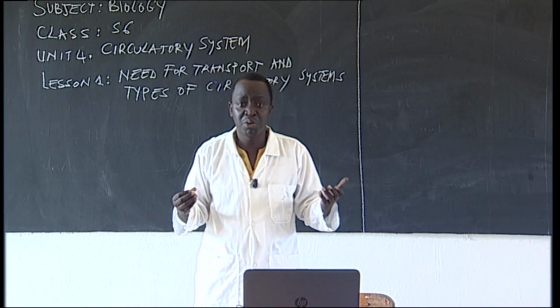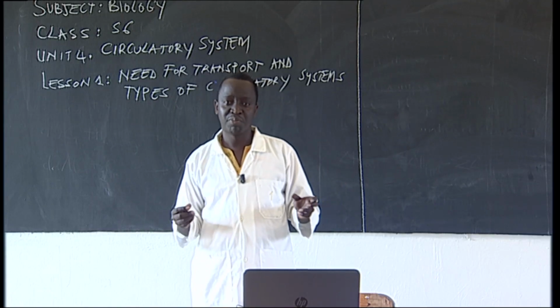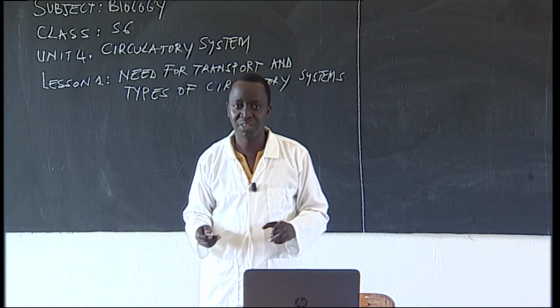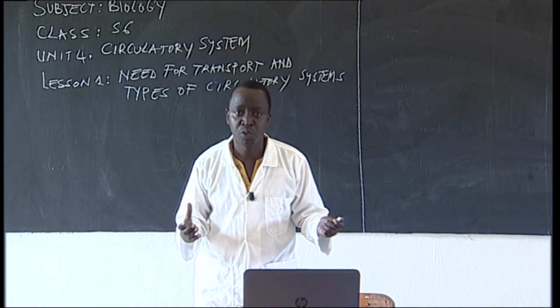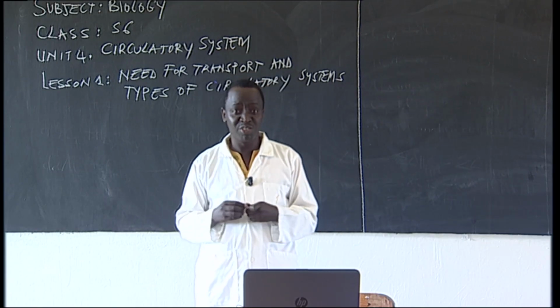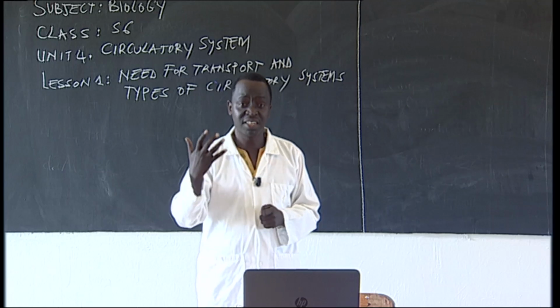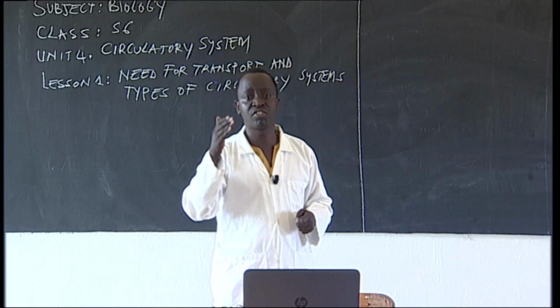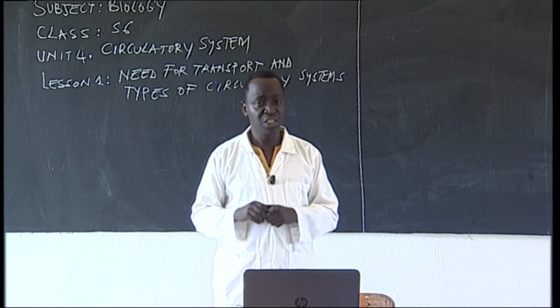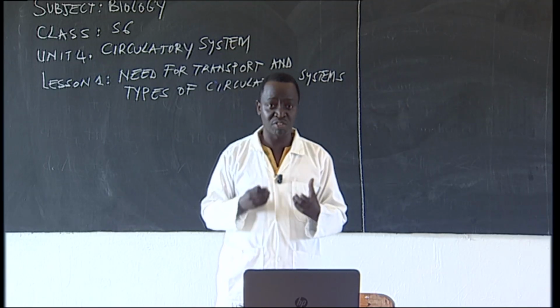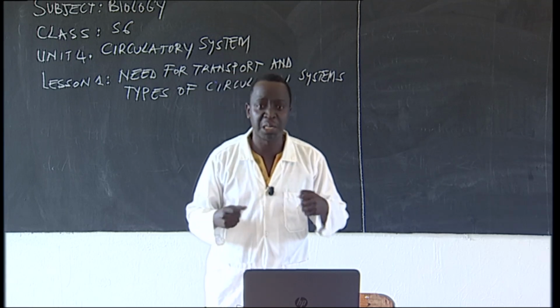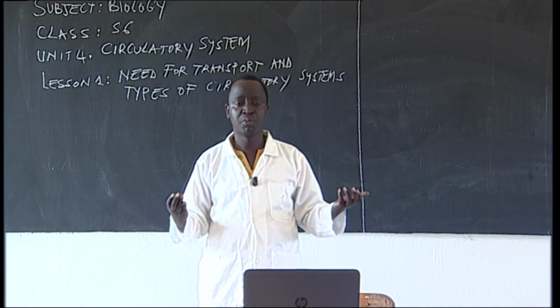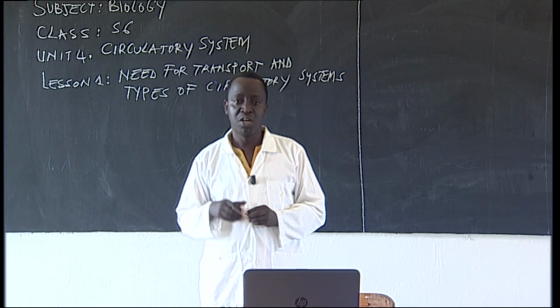For example, you cannot move when you don't have that energy. You cannot study when that energy is not provided. That's why glucose is moved into each part of our body. All cells need glucose so that they can work and divide. They cannot divide when there is no glucose.